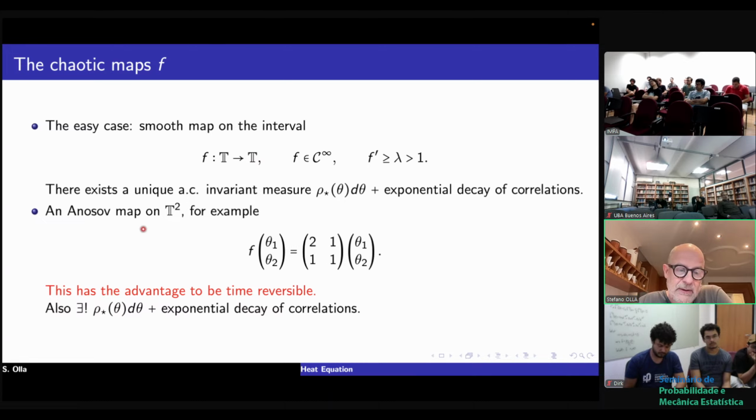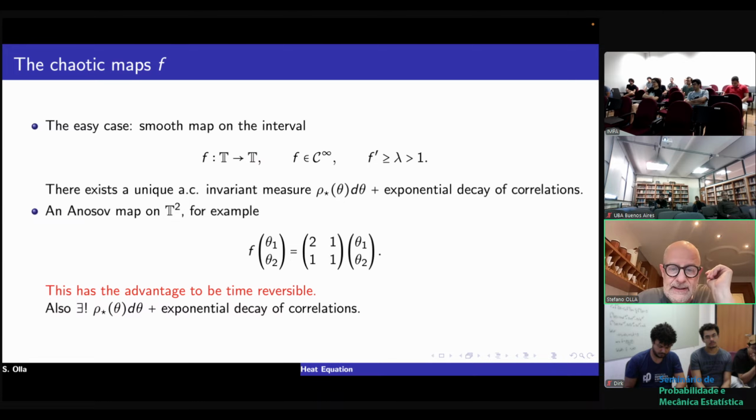To deal with the cat map is a bit more complicated because you have to deal with directions which are stable and unstable, but the effect in terms of the hydrodynamic limit will be the same. Same thing here: it is well known from the theory of dynamical systems that there is a unique invariant measure, which we always denote with rho star, absolutely continuous with respect to the Lebesgue measure on the torus, and you have exponential decay of correlations.